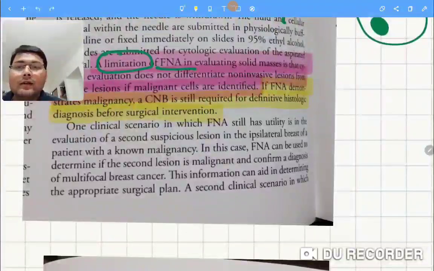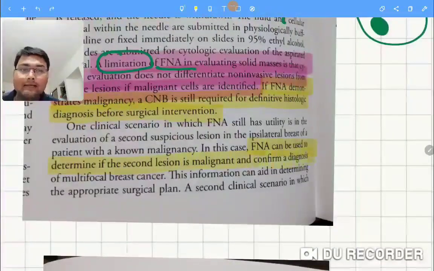In this case the FNA can be used to determine if a second lesion is malignant and confirm a diagnosis of malignant breast cancer. The information can aid in determining the appropriate surgical plan, right?